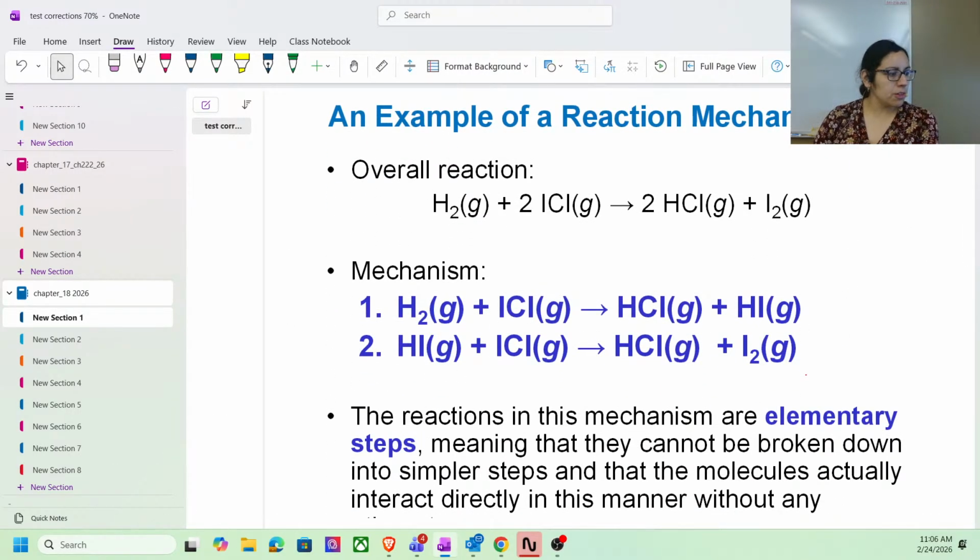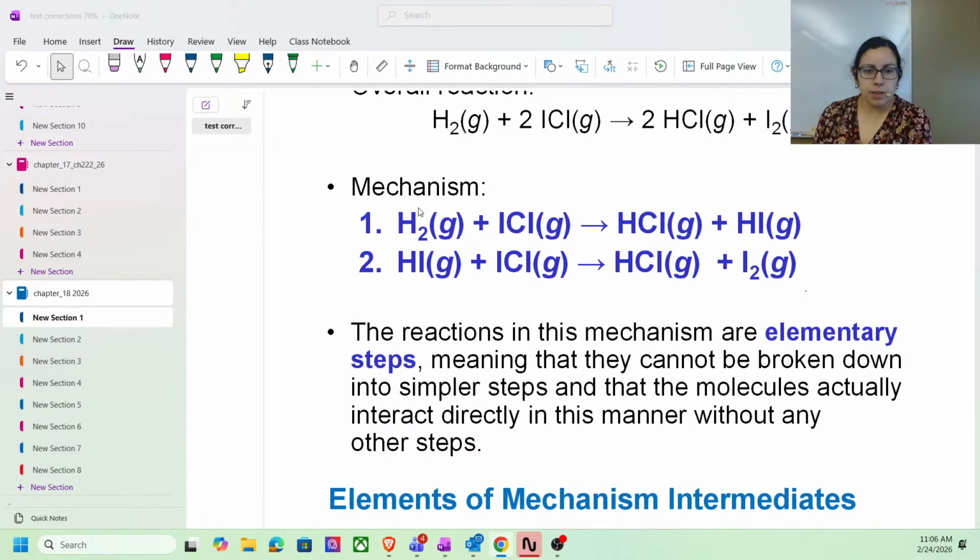All right, so now we're just looking at our reaction here. We have H2 plus two equivalents of iodo-chloride give us 2 equivalents of HCl and iodine. And then we have our proposed two-step mechanism here. So we have our initial reactants.